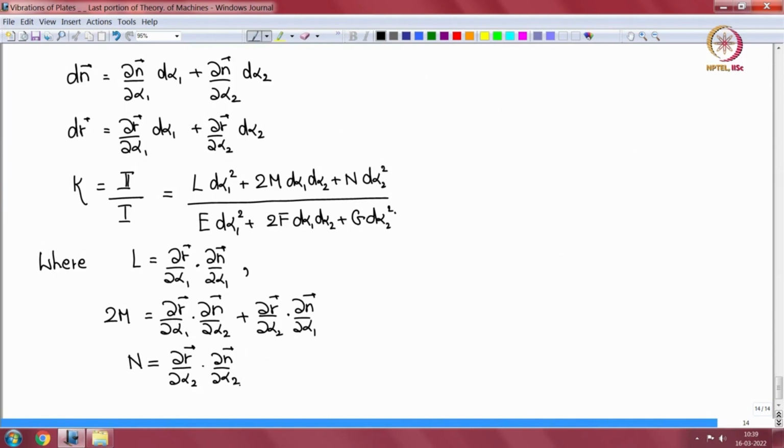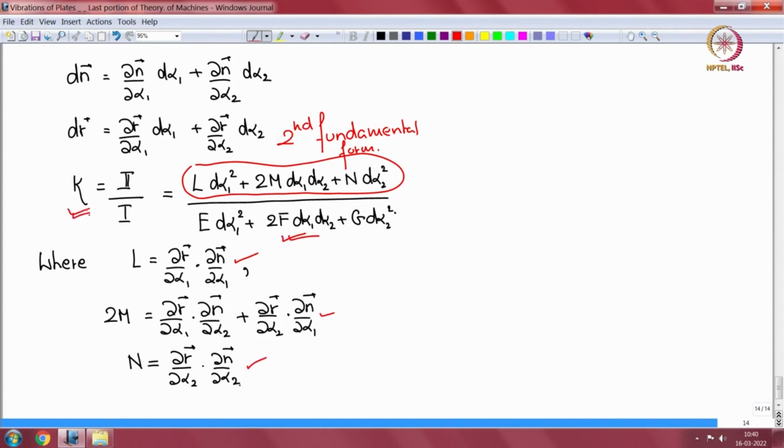So this numerator is the second fundamental form. And these are the LMN definitions, and they relate to the first fundamental form and produce the curvature.